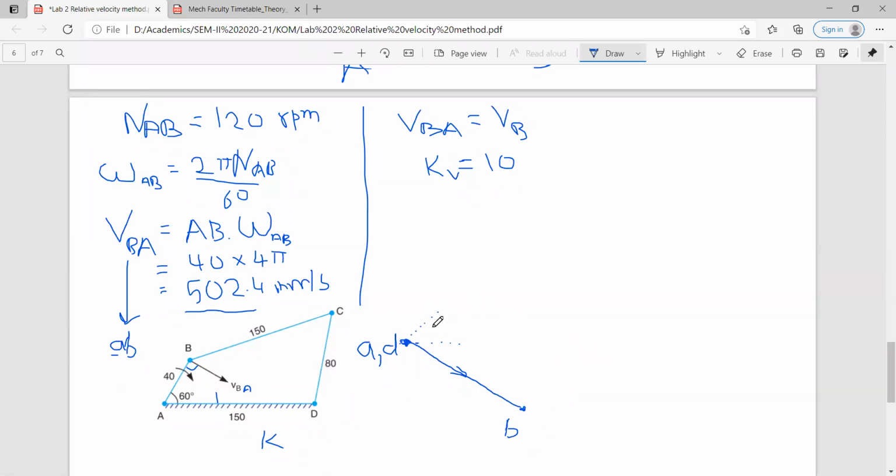ये जो लाइन ड्रॉ किया है, to draw it we use certain facts.